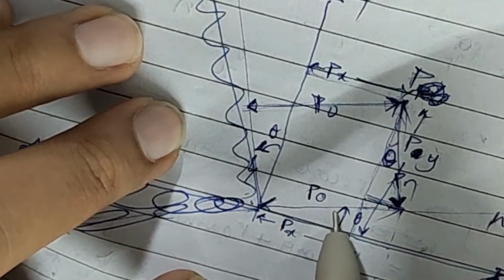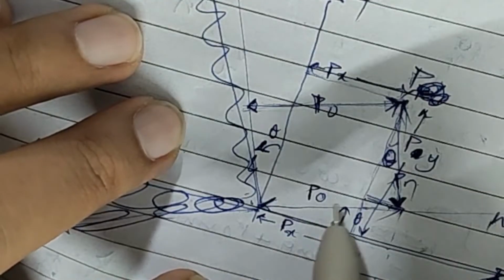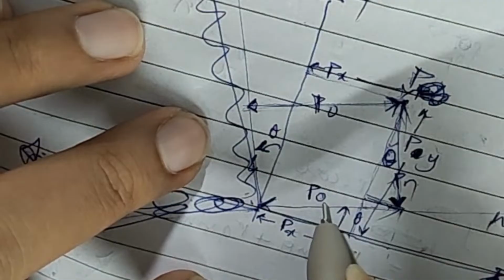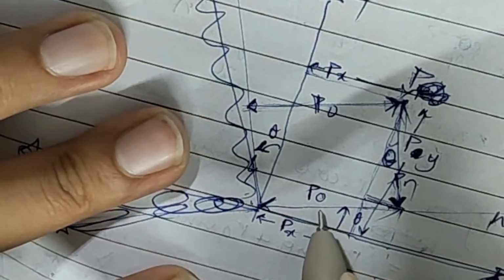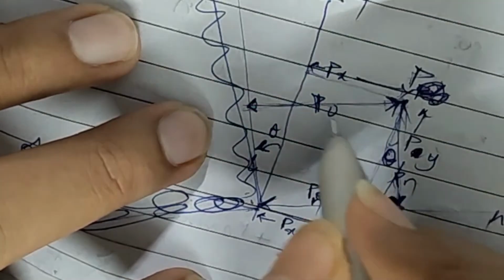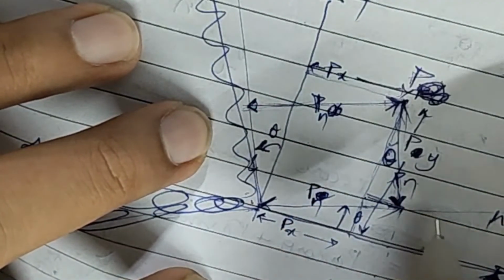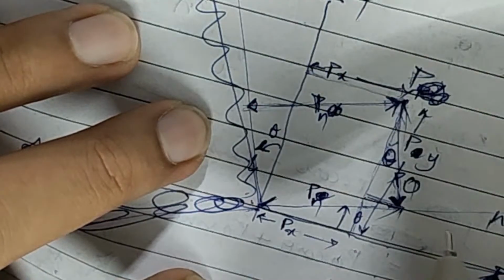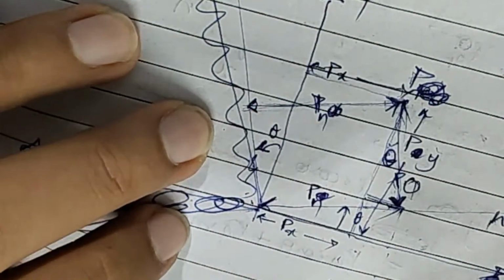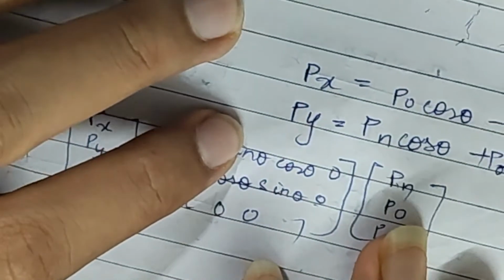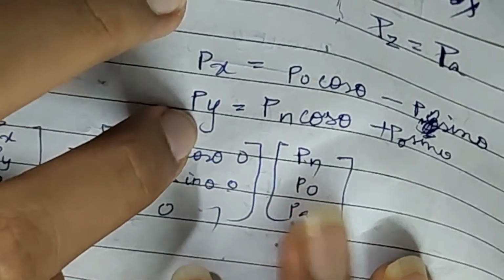I somehow have managed to interchange Po and Pn. Let's fix that quickly before it becomes a mess. Yeah, and with some quick trigonometry, we arrive at these results.